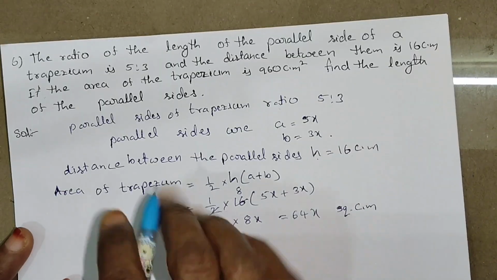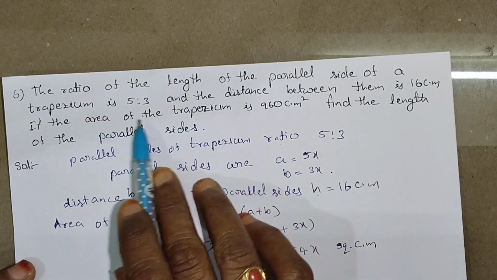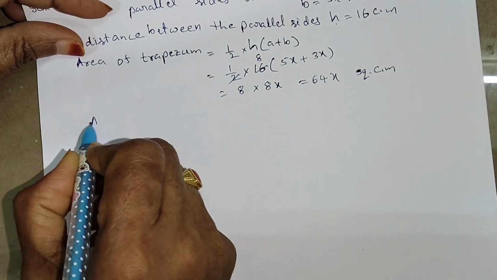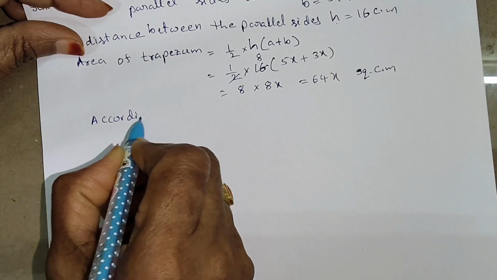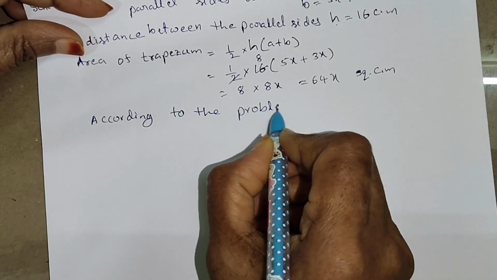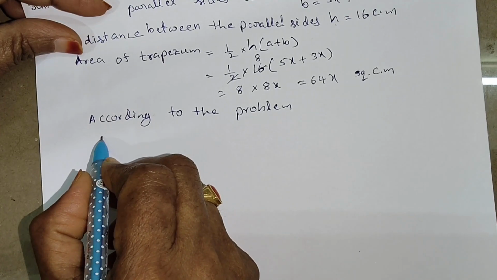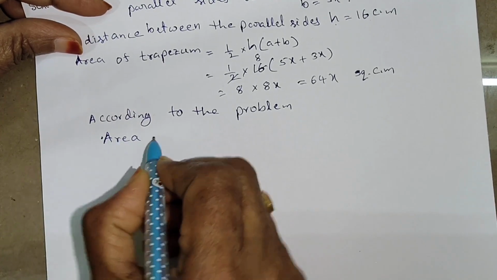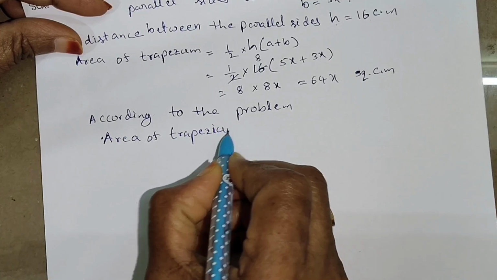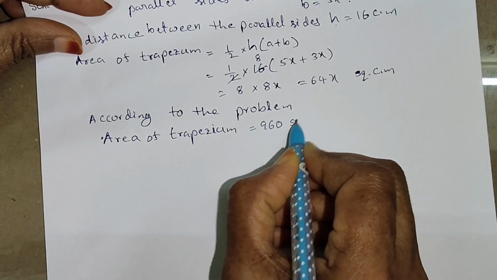In our question here, the area of a trapezium is 960. So here according to the problem, area of a trapezium is equal to 960 square centimeters.